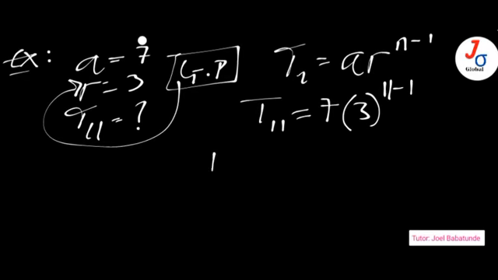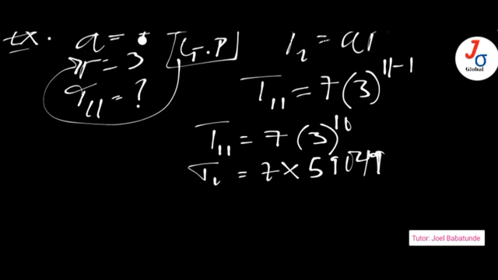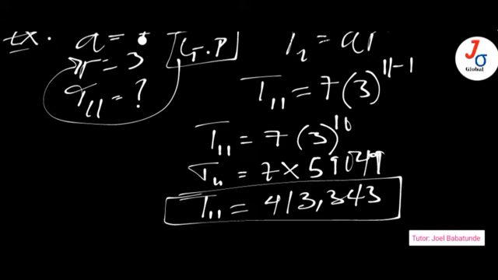That gives us T11 equals 7 times 3 raised to the power of 10. 3 raised to the power of 10 is 59,049. Multiplied by 7, what do you get? T11 is 413,343. So this is the 11th term.